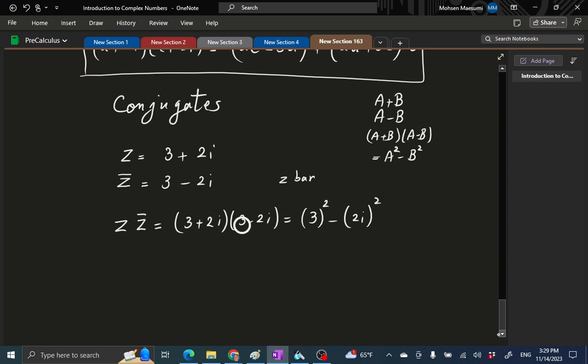So 3 times 3 is 3 squared. 2i times minus 2i is minus 2i squared. 3 times minus 2i and 2i times 3 have opposite signs and they cancel each other out. The same way ab minus ba here cancel each other out. So that is 3 squared, this is minus 2 squared times i squared. i squared is minus 1.